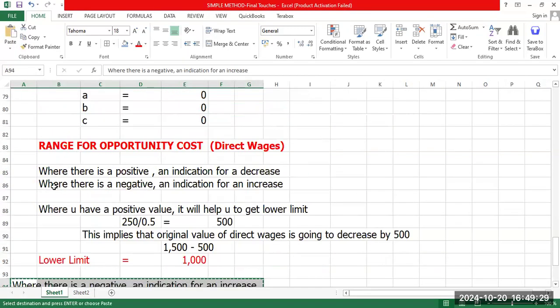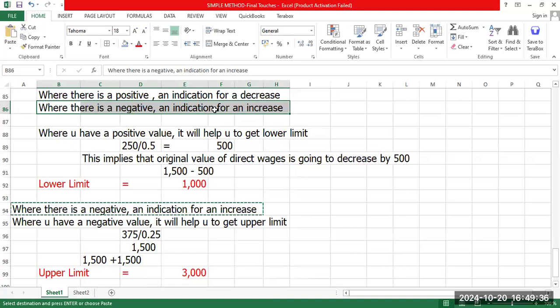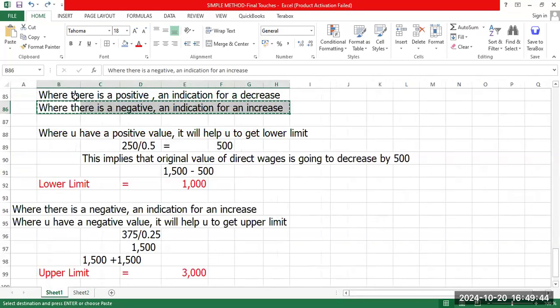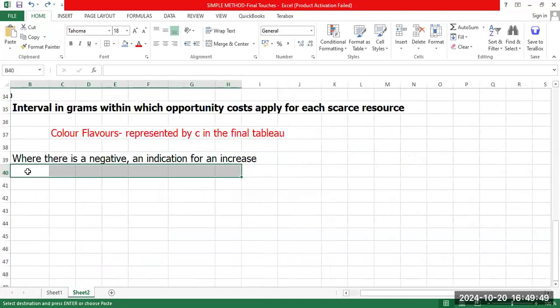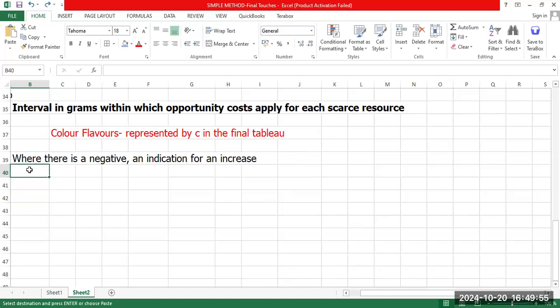Then where there is a positive, okay, so let's analyze.